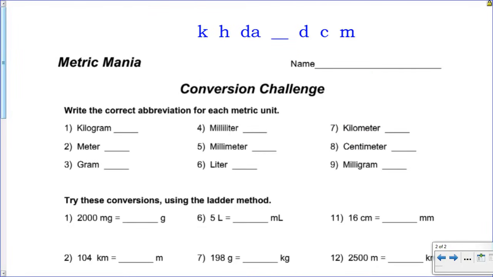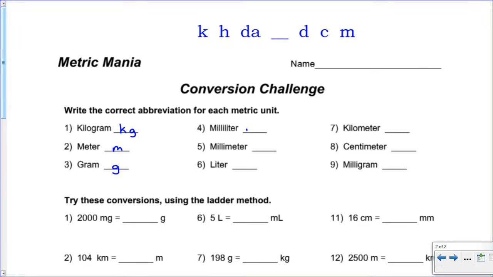Starting here at the top of page 2, we're just asked to write down what the abbreviation is for each of these units. So this is using the prefixes and base units to try and get a handle on the common ways that these are written down. So kilograms, kilo is a lowercase k, so kilograms is kg. Meter, lowercase m. Gram is just a lowercase g.